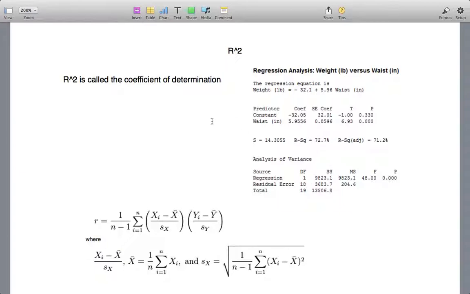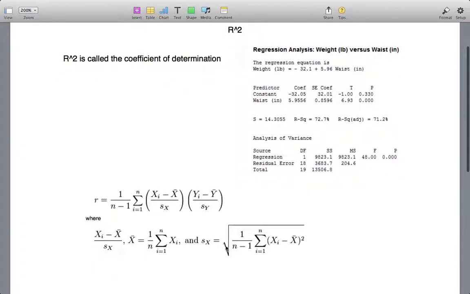Okay, so recall that when we're looking at this quantity r, the 1 over n minus 1 is going to be this fudge factor that's going to help us scale things. Your xi minus x bar over sx is your scaled score. Your x bar is the average in the x direction, the horizontal direction, and your sx is the standard deviation of your x variable.